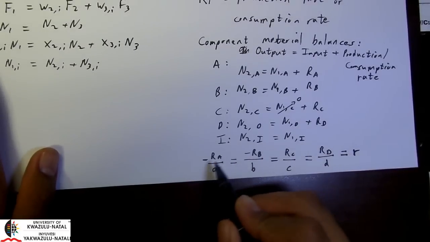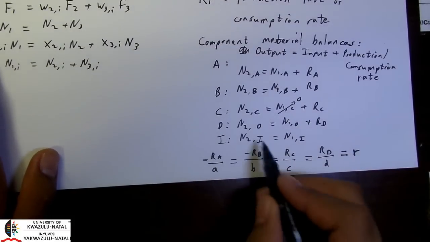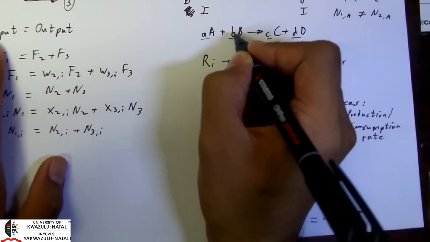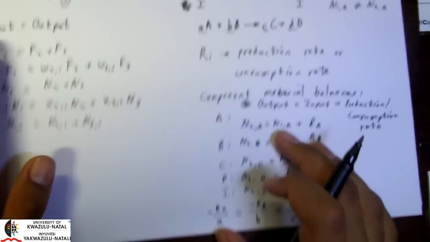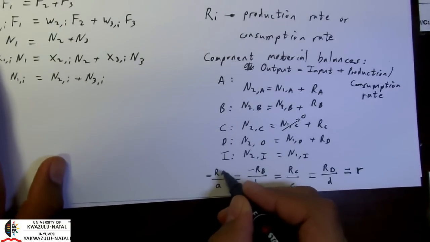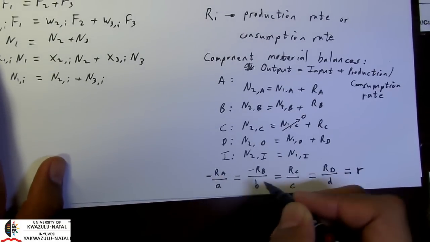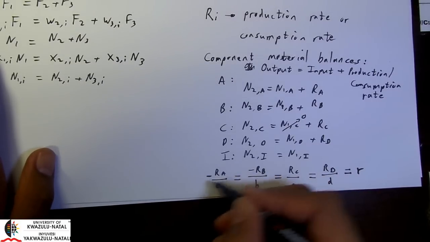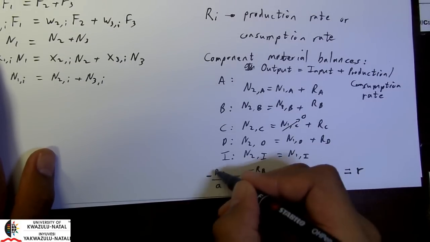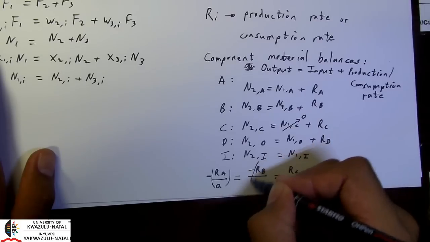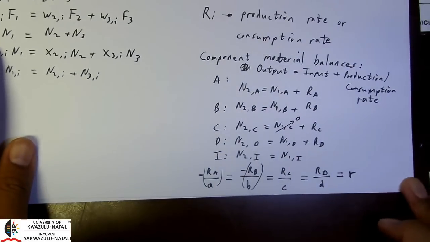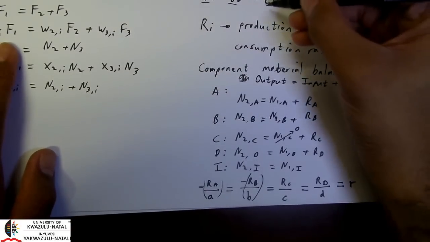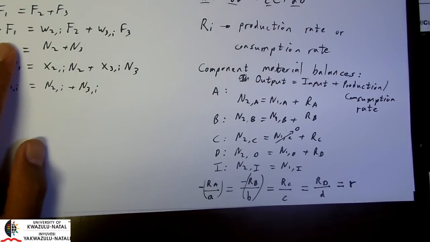Note that in the case of our reactants, we regard our stoichiometric coefficient as negative, and this is where we get our negative. It's actually RA over negative a is equal to RB over negative b. I've just taken this negative to the top to express it as the entire fraction. And it will of course be positive for our products because our products are being produced.